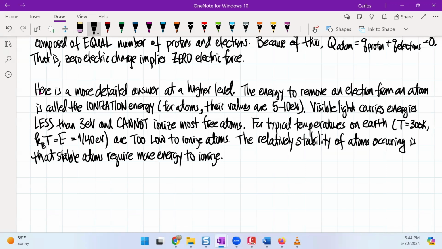That means to release their electrons. That's why there are few free electrons in nature.